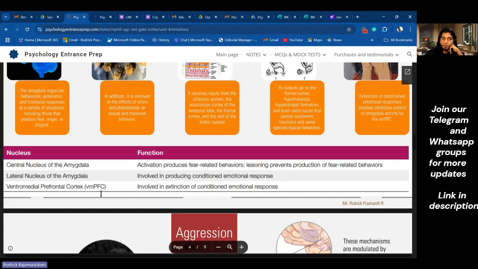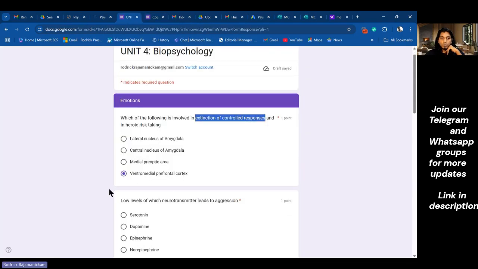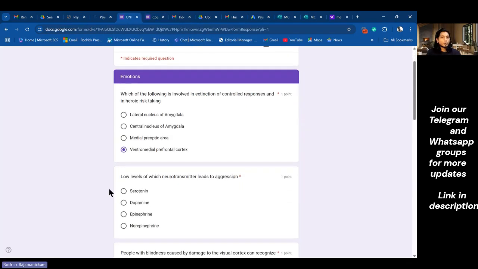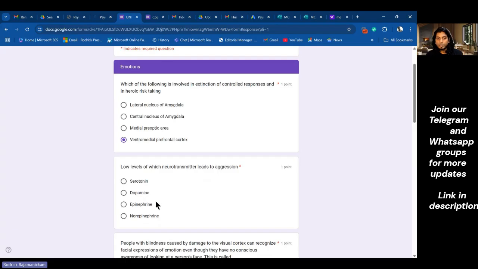It's the ventromedial prefrontal cortex which exercises control over your emotional response. So it inhibits your amygdala activity, right? So that will be the answer there. So moving on, low levels of which neurotransmitter lead to aggression? People do say dopamine is involved, norepinephrine is involved, but there may be an excess of them. But low levels of serotonin is what usually leads to aggressive behaviors.